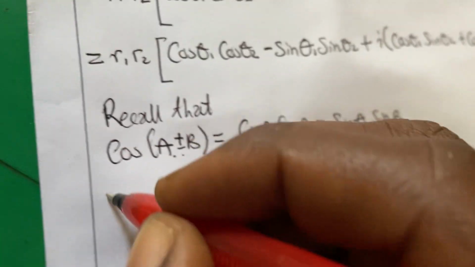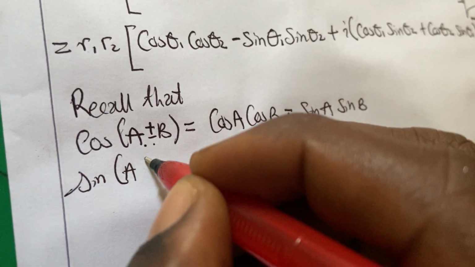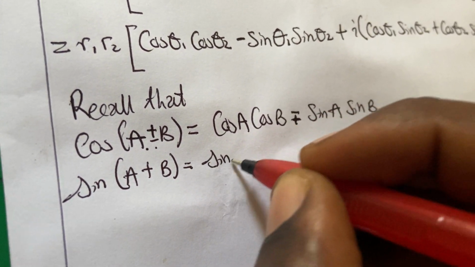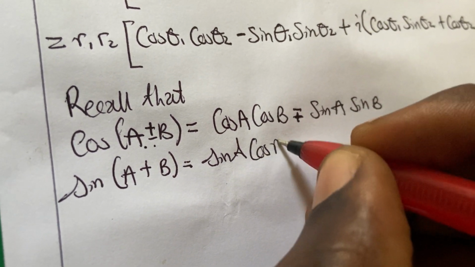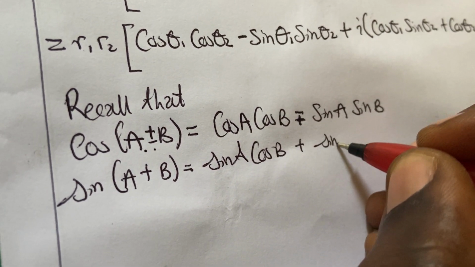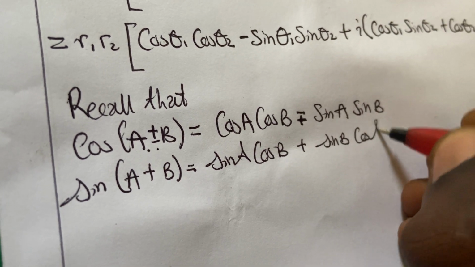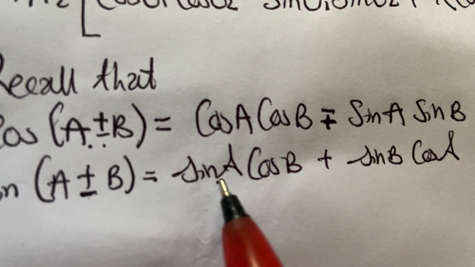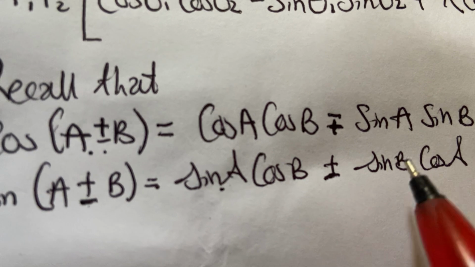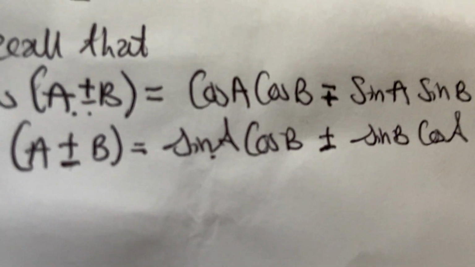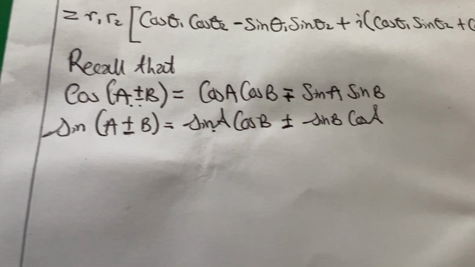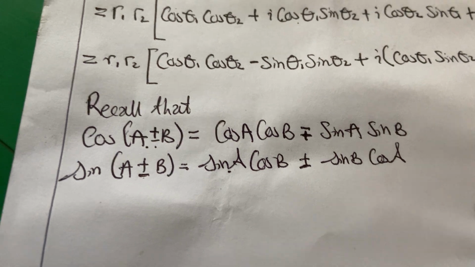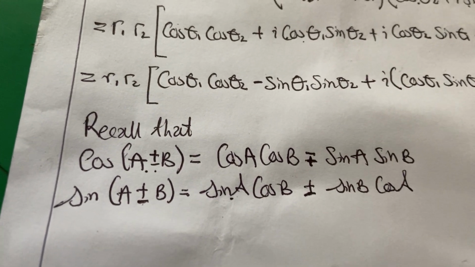We also have that sine A plus B equals sine A cos B plus sine B cos A, and sine A minus B will be sine A cos B minus sine B cos A. Alright, using these already existing rules, we can actually simplify this.